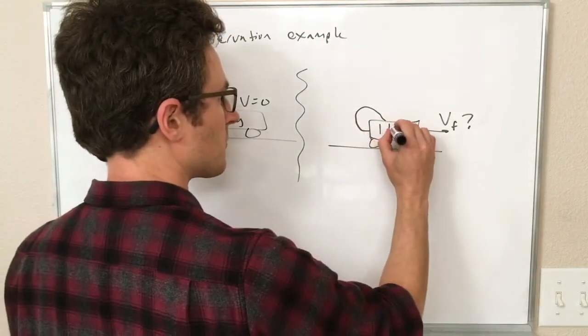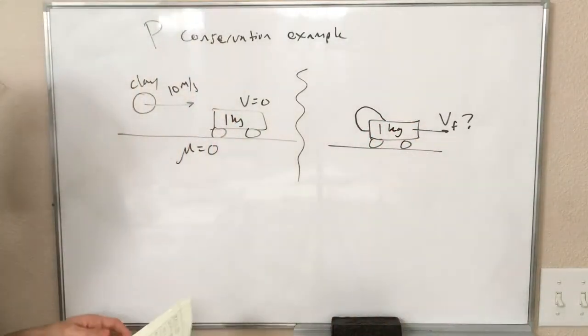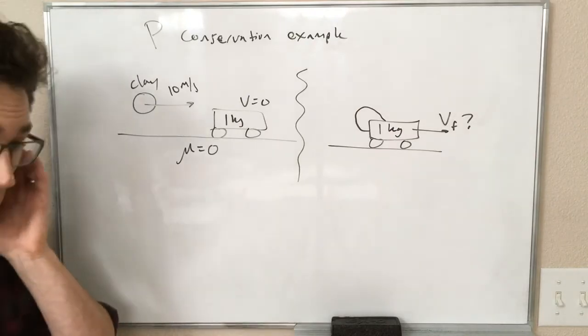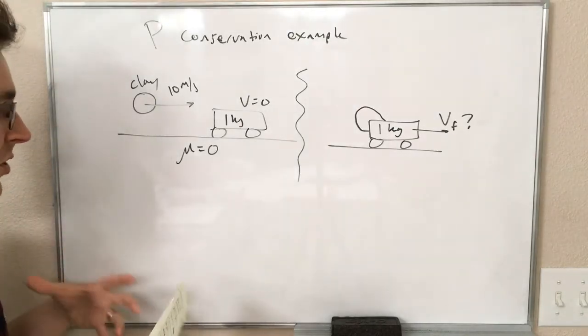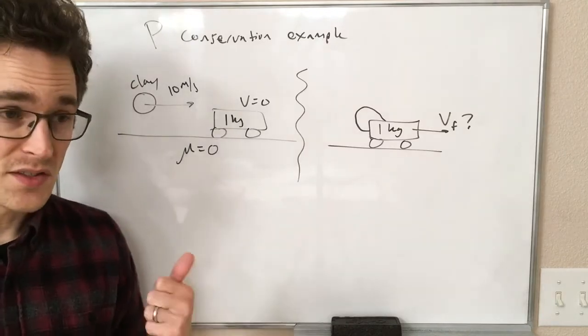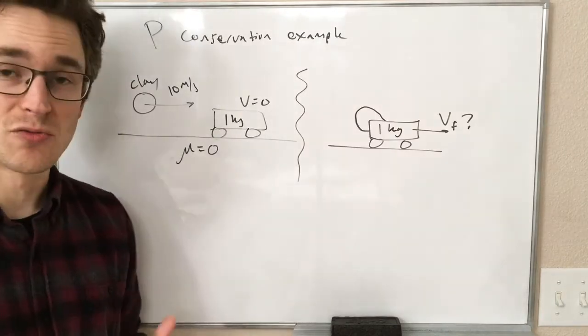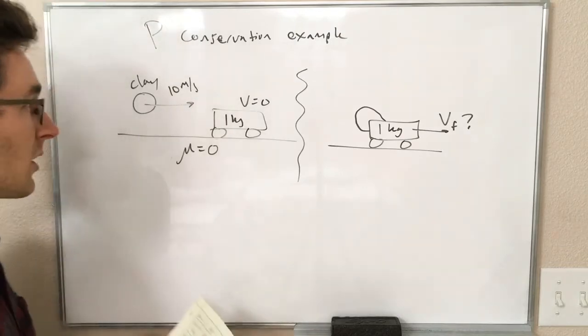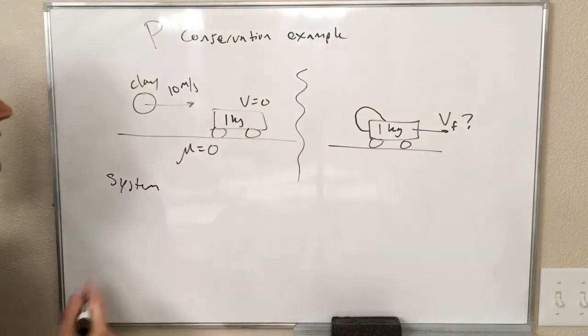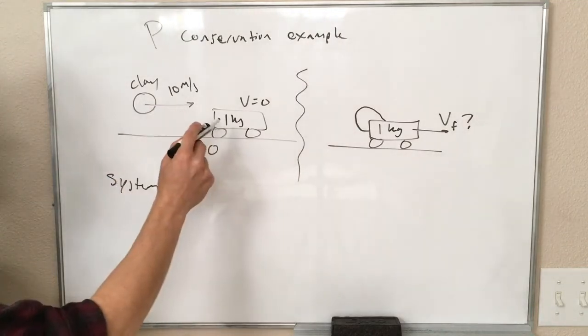Okay, so to justify whether we can use momentum conservation, we should start by looking at what our system is and then seeing if our system follows the rules of momentum conservation. Our system needs to include both the ball and the cart.